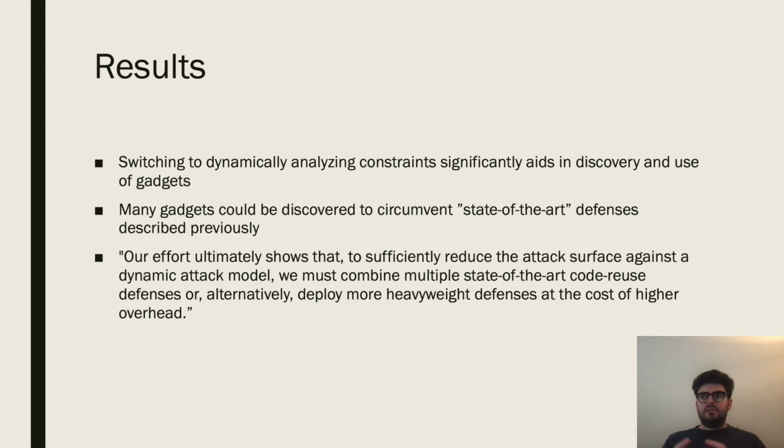You need to combine them and use them in your application so that the resources necessary to discover and exploit each individual defense reach a level that's too high, and thus the attack is no longer worth doing, or it becomes too difficult to do.